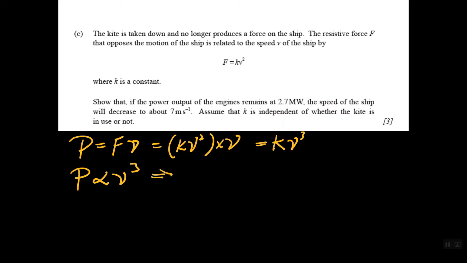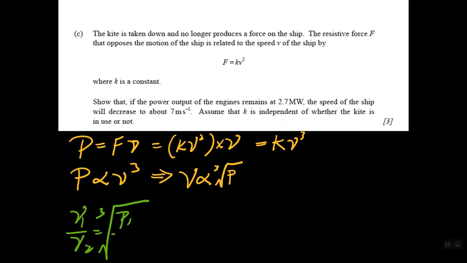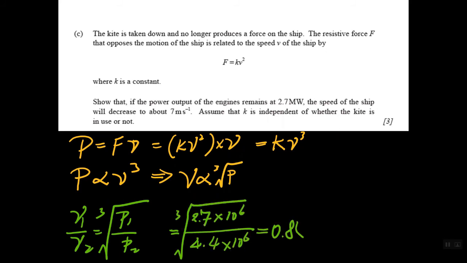That indicates that power output is proportional to velocity cubed, or velocity equals the cube root of power. And we can apply proportionality. V1 over V2 equals the cube root of P1 over P2. Let us substitute values. P1 is 2.7 times 10 to 6.